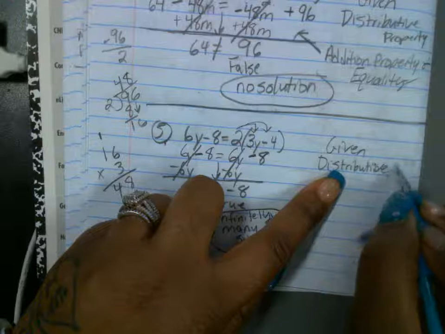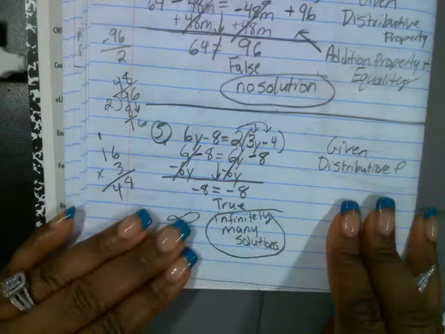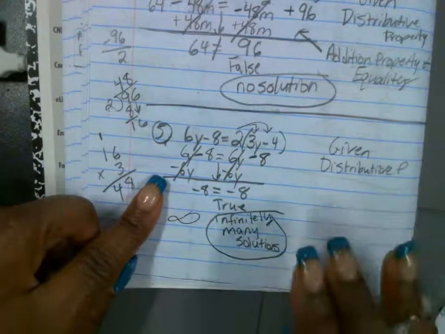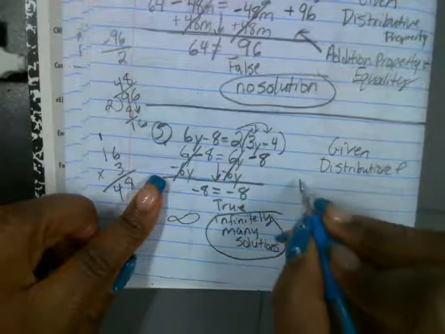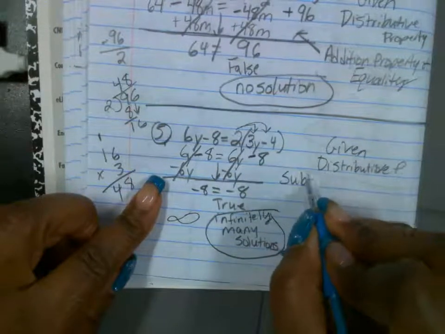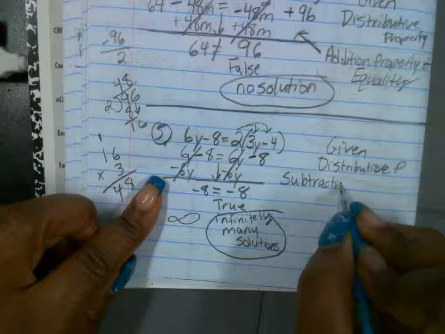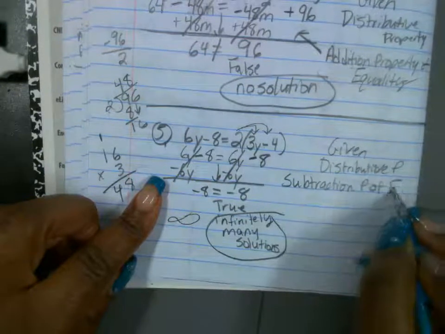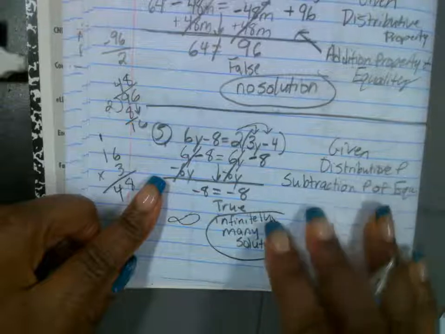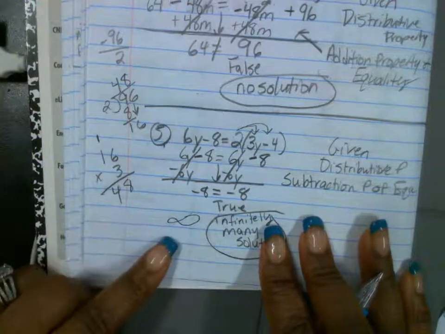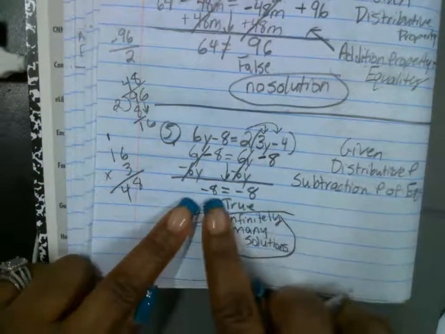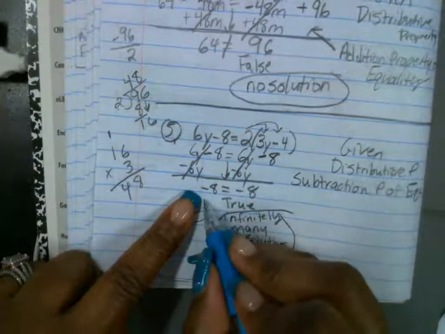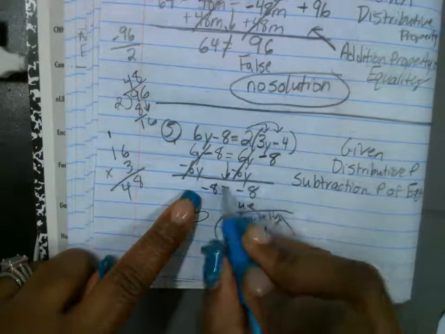Okay. What did we do next? Yes. Subtraction property of equality. Subtraction property of equality. Okay. What did we do after that? What property does this right here illustrate?